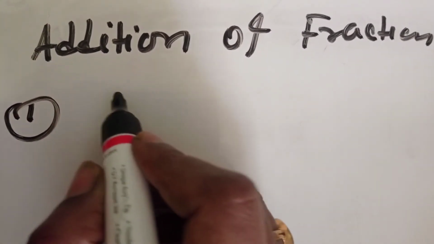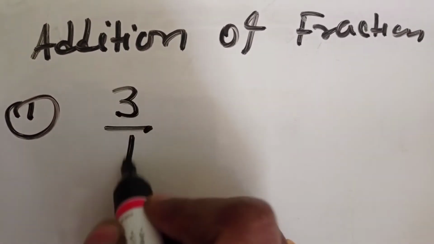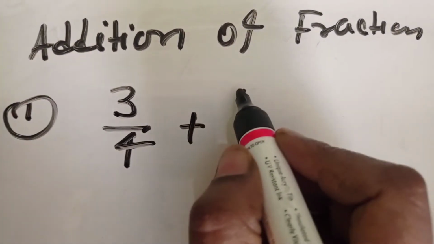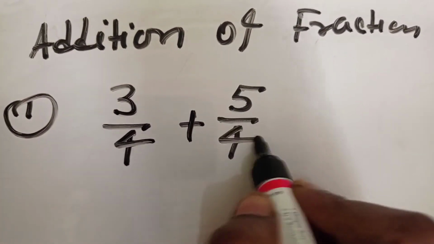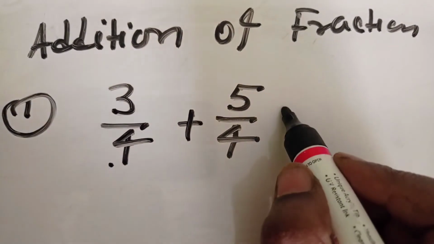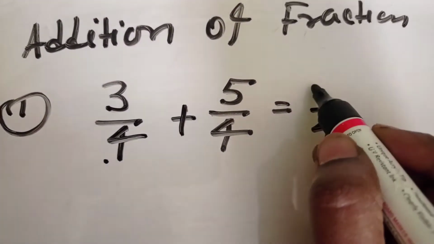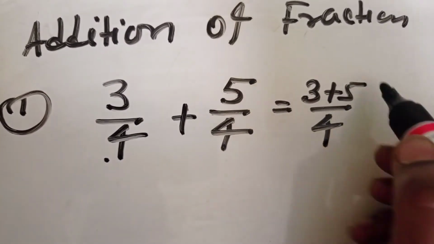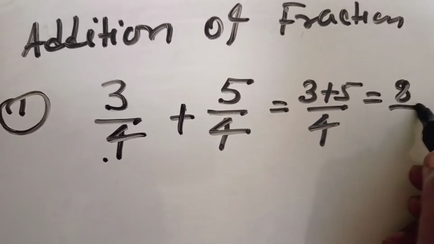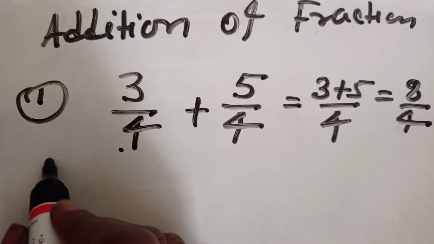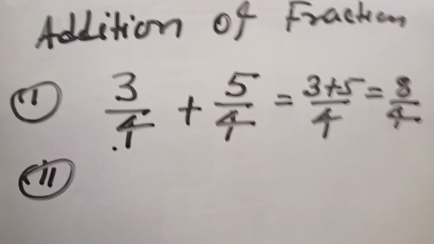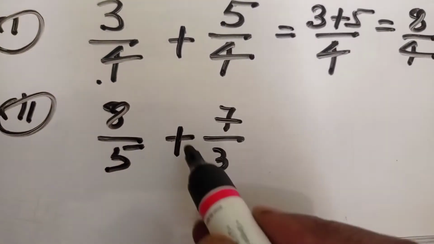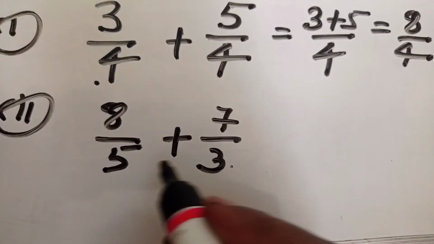Addition of fractions, very simple here. 5/4 plus 3/4, both denominators are same, so just add the numerators, it becomes 8/4. Second question, 8/5 plus 7/3, what do you do?